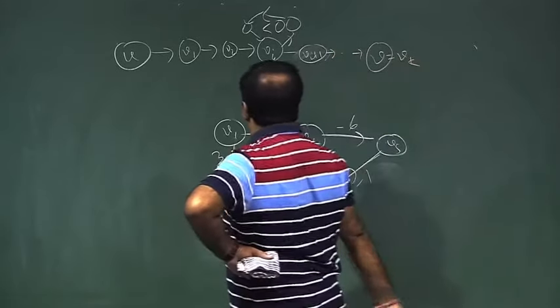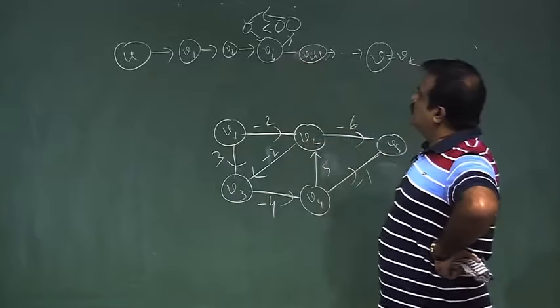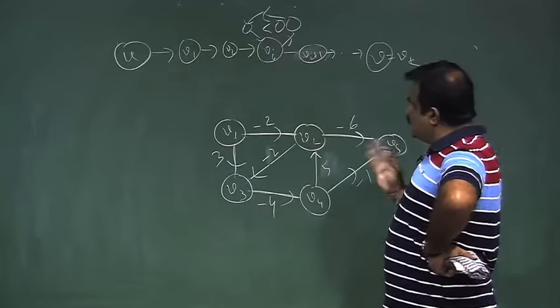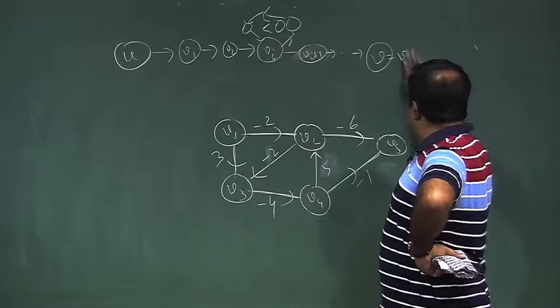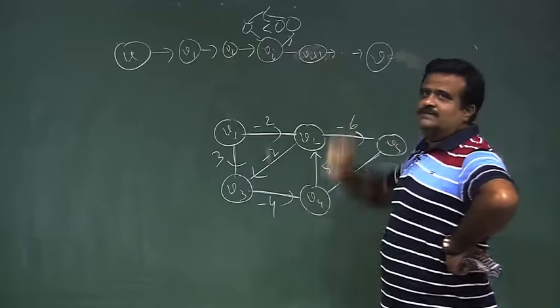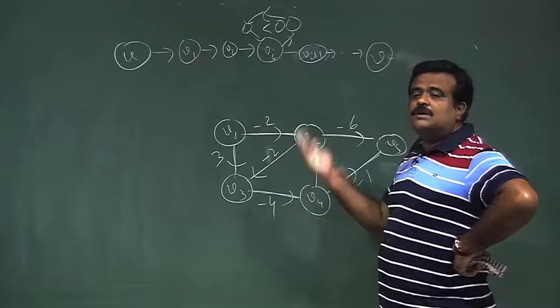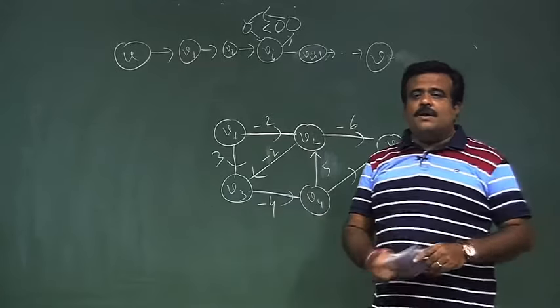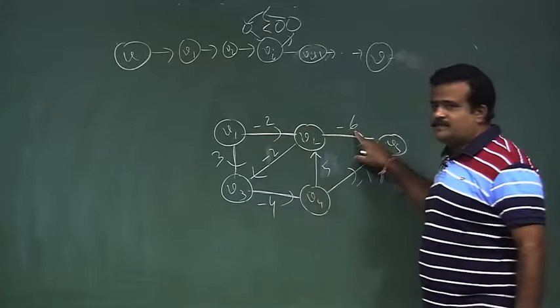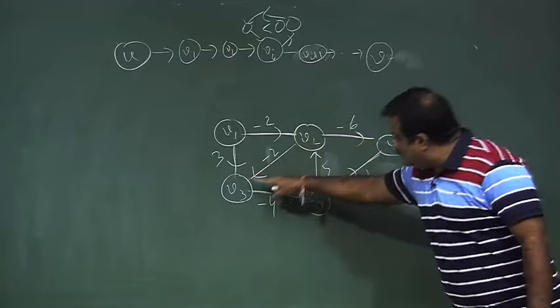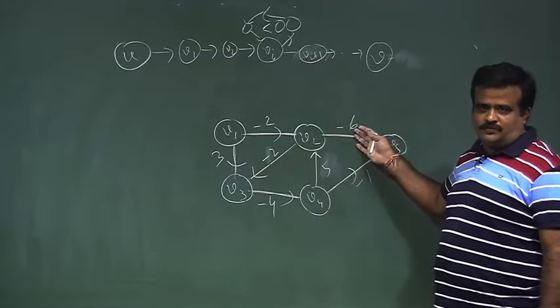If there is a negative cycle in the path from U to V, so there is a physical path from U to V, but there is a negative cycle, then no shortest path will exist, because this will not converge. Because if you demand this -8 is my shortest path, I will have a loop over here, so that will reduce further.